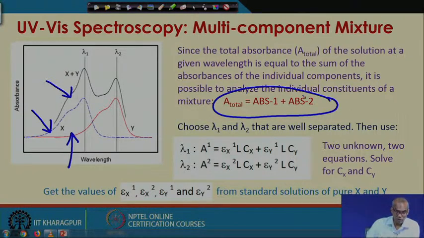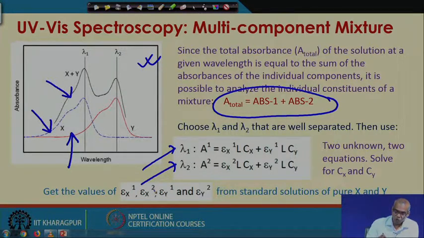So, what we will do is we will first choose two wavelengths, let us say lambda 1 and lambda 2, that are well separated as shown in the figure. Then write these equations for two lambdas. We know that absorbance is molar absorptivity into path length into concentration.